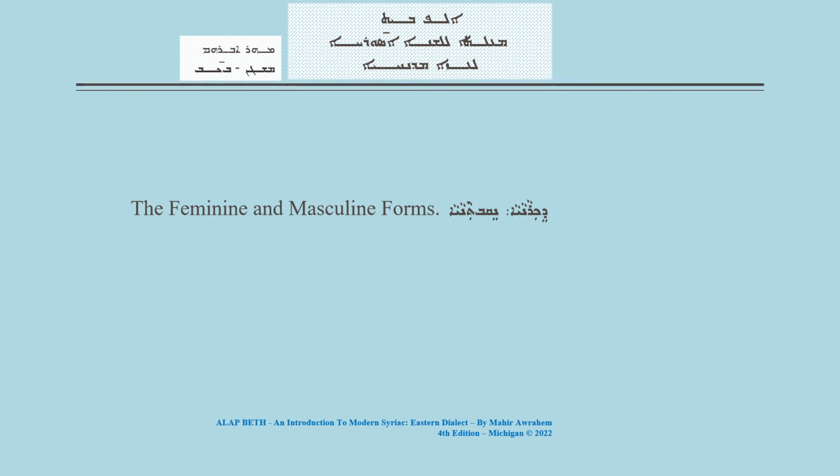Example, qarna, horn. Eye, aina. Natha. Natha ends with the alap, but in fact natha is in the spoken language. In the classical language it is idna, which does not end with the alap. Kathpa, shoulders, and also rusha is shoulder. Ida, hand. Aqla, leg.